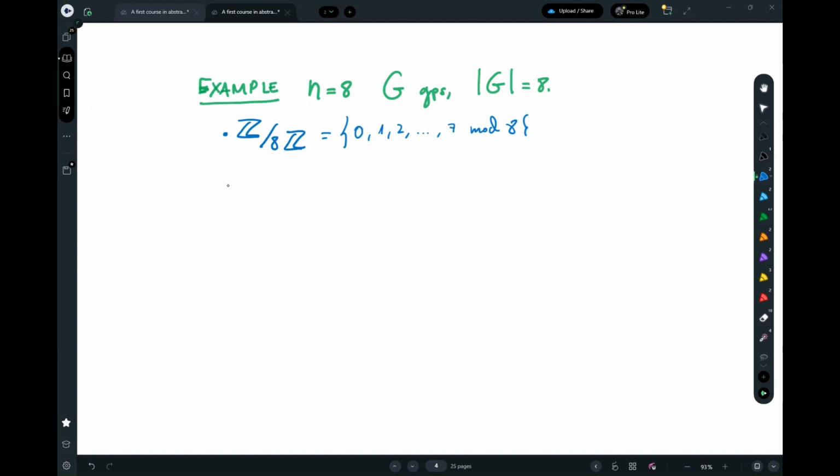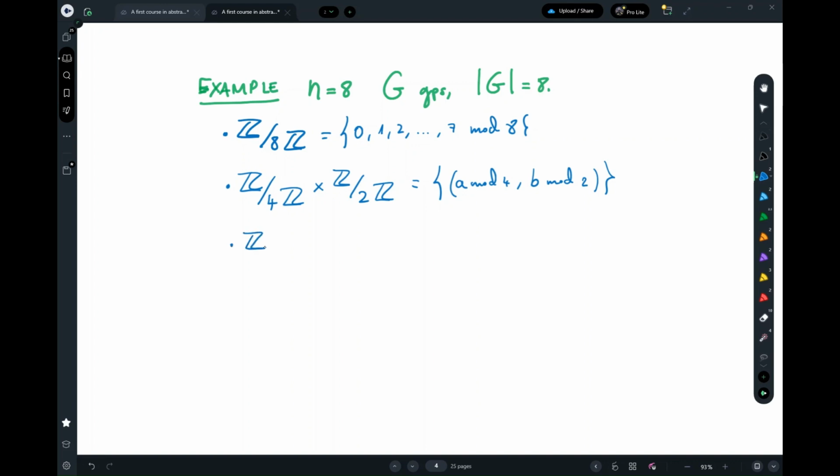Now I can do another group with 8 elements by doing the direct product of Z modulo 4 and a group that has 2 elements, Z modulo 2. Now this is pairs of classes. This is a class modulo 4 and a class modulo 2. And now there are 4 classes modulo 4, 2 classes modulo 2. So there are 8 elements.